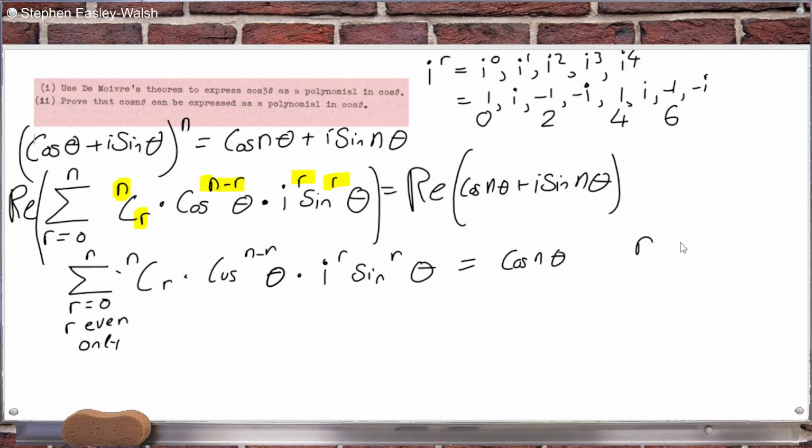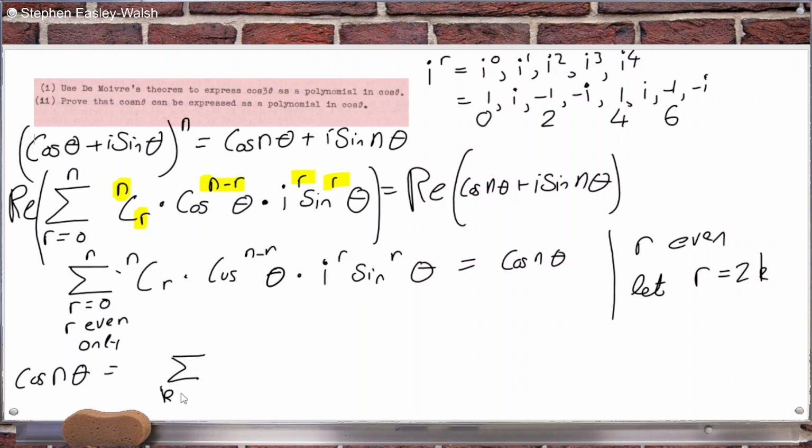Now, since r is even, let r equal 2k. So then you get cos n theta is the sum, where k goes from 0 to n over 2, and I'm replacing the r with 2k.